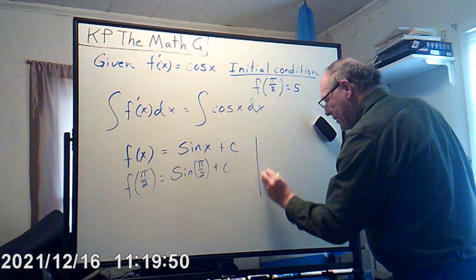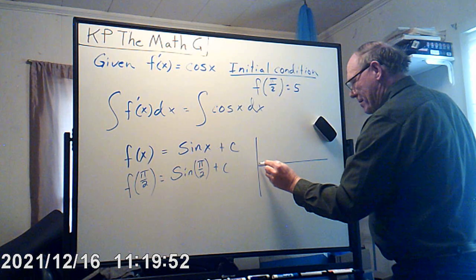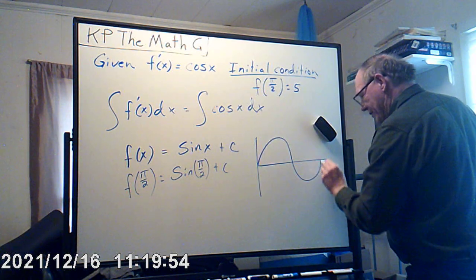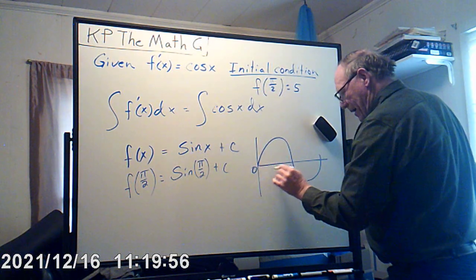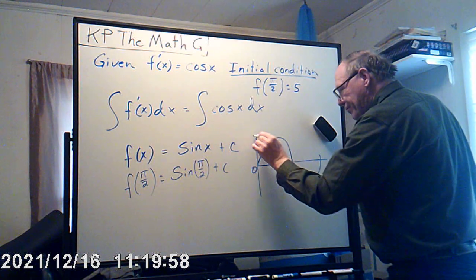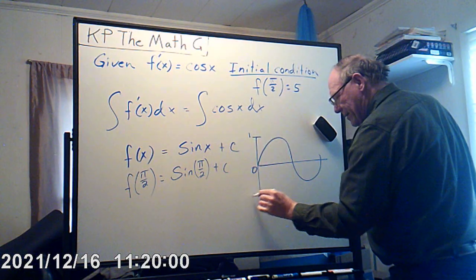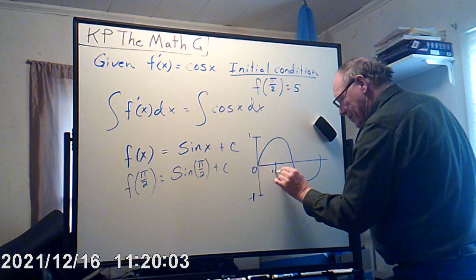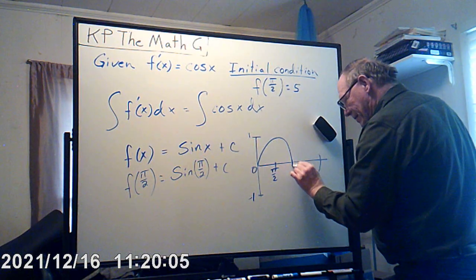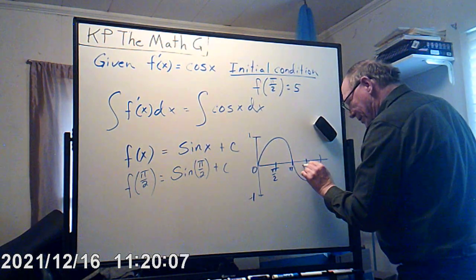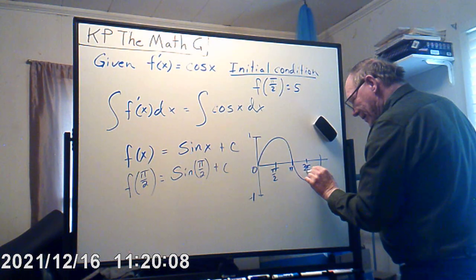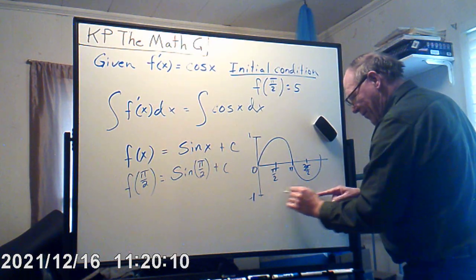If I draw the graph of sine, it starts at 0. This is 1. This is -1. This is pi over 2. Pi is at 0. 3 pi over 2 is where the y value is -1.